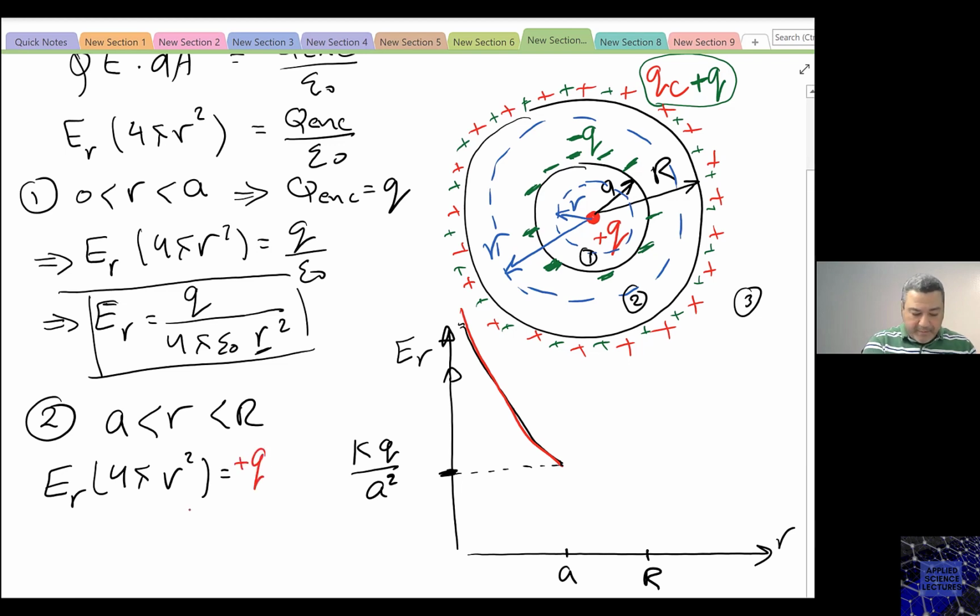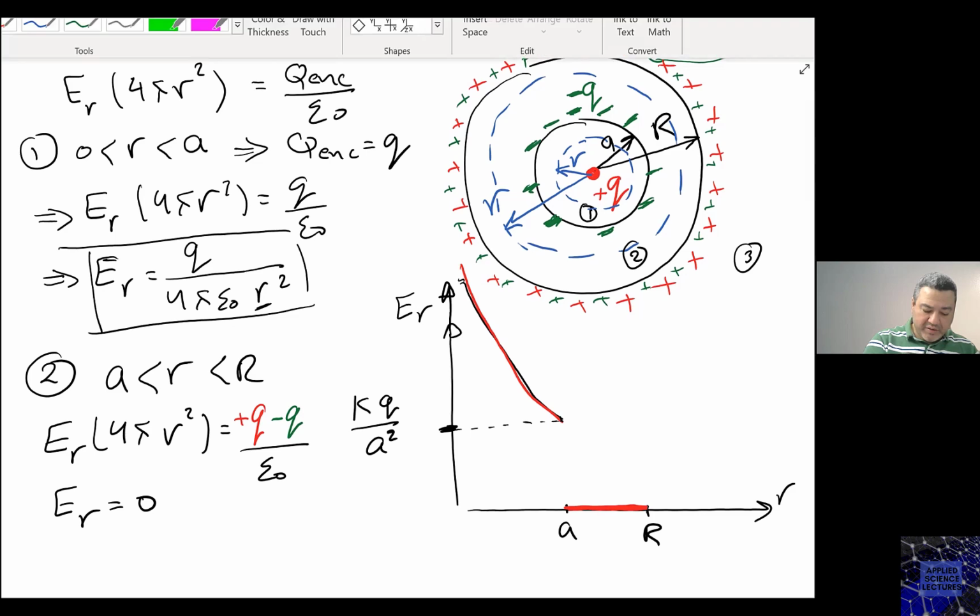It is the positive charge Q, the one at the center of the cavity, minus Q, right? Minus Q, divided by epsilon naught. So the net charge enclosed by my Gaussian surface number 2 is 0, which means the electric field is 0 within the conductor. Now this is exactly what we talked about earlier in the lecture, that the electric field inside the conductor is always 0.